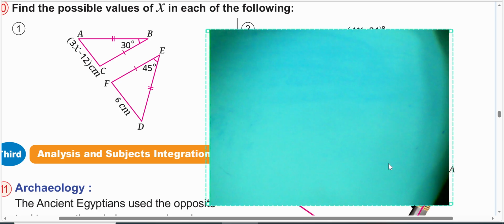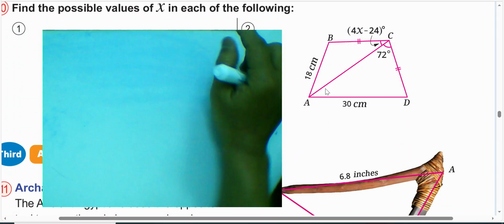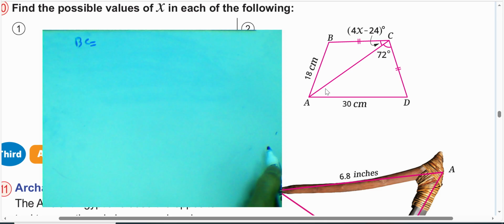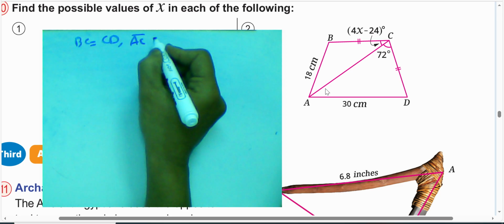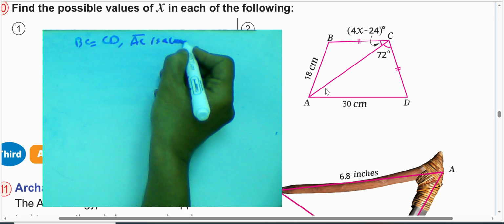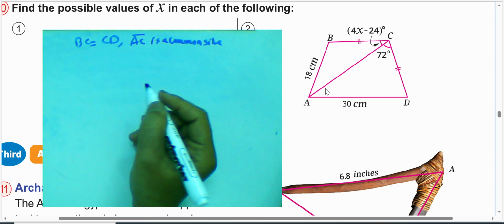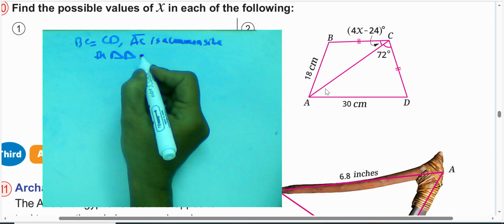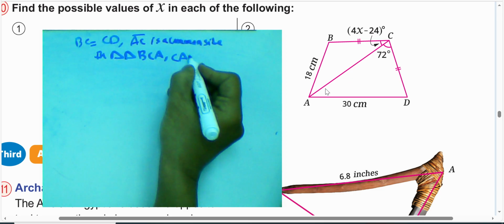Okay, next question, number 2. We have here two triangles. The relation also: BC is equivalent to CD, and AC is a common side between the two triangles, BCA and CAD.